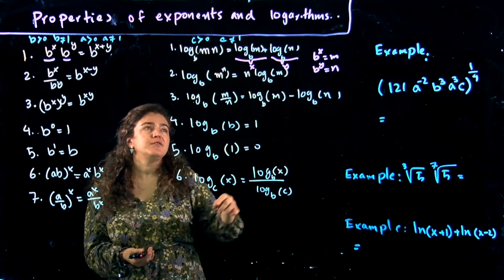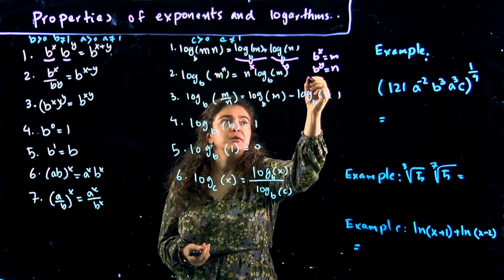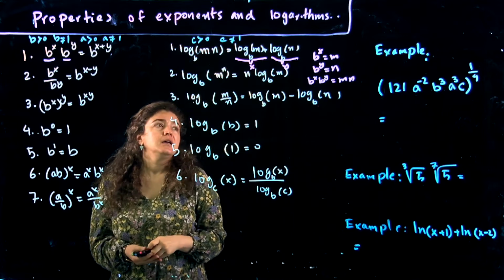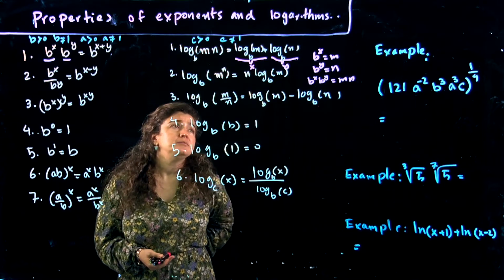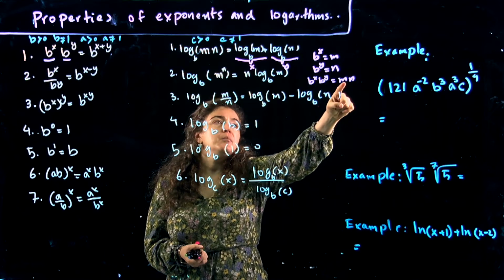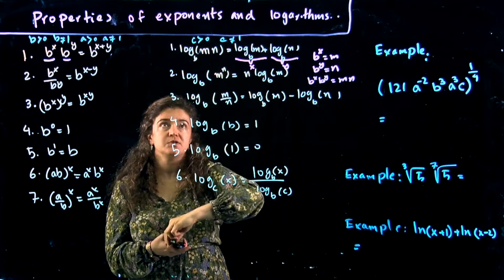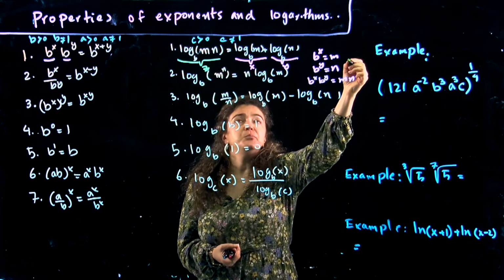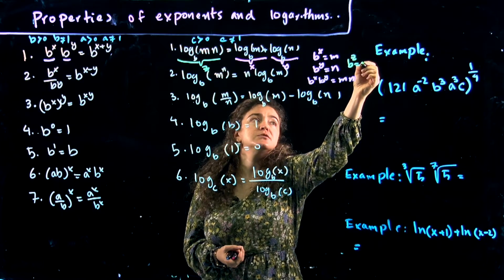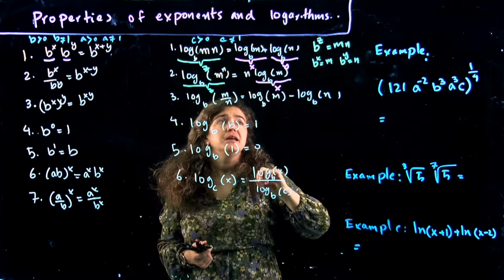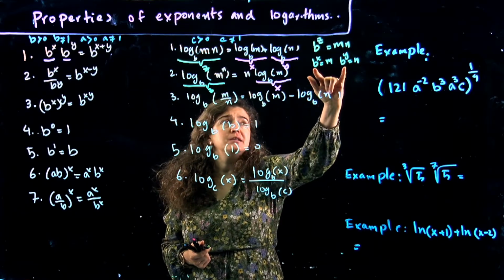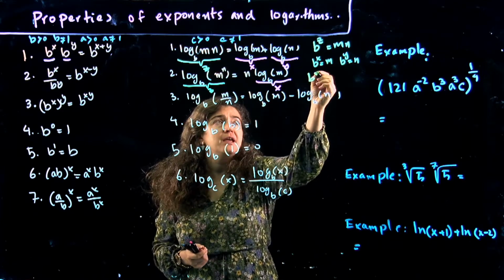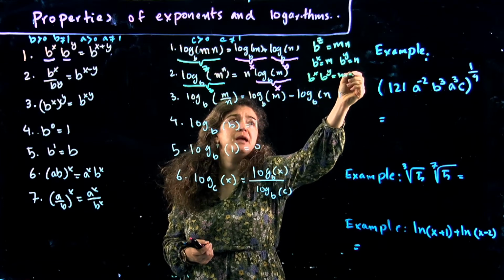Now, if I multiply both sides, I get b to the power x times b to the power y is equal to mn. At this point, I'm looking at this side of the story. This is a number z such that b to the power z is equal to mn.